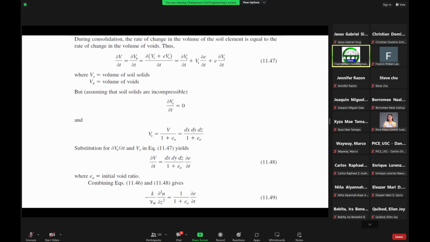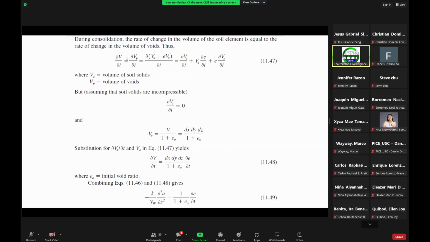Now, during consolidation, the rate of change in the volume of the soil element is equal to the rate of change in the volume of voids.